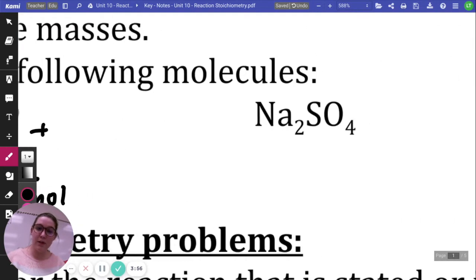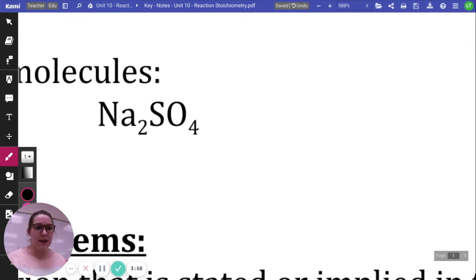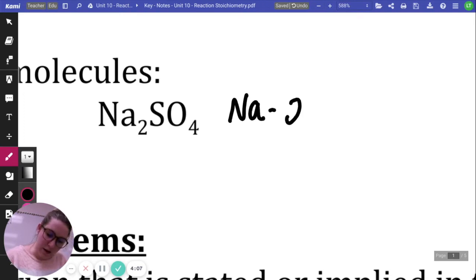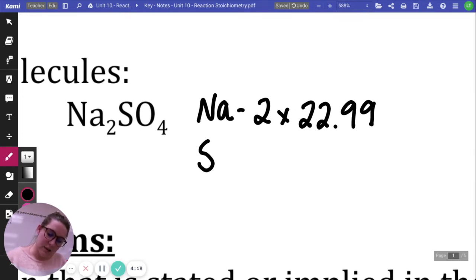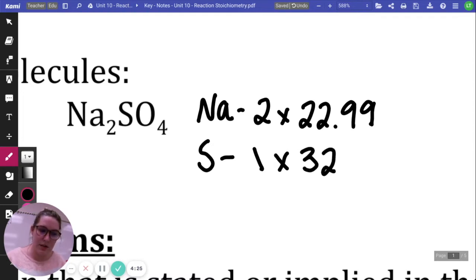Okay, I'm going to do one more with you, then leave you guys to do a practice one. On this one, I have sodium sulfate. Sodium is Na. There are 2 sodiums, and according to my periodic table, the mass of sodium is 22.99. The next element is sulfur. I have 1 sulfur, and the mass of sulfur is 32.06.